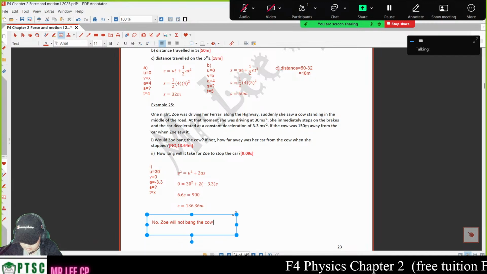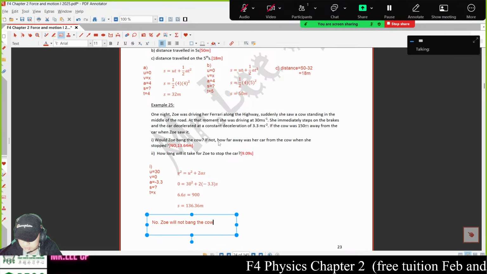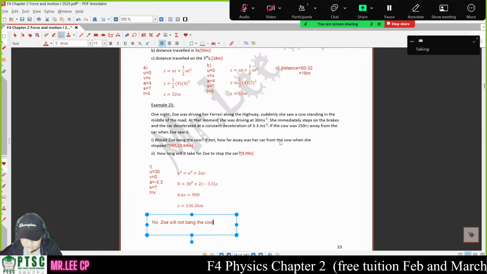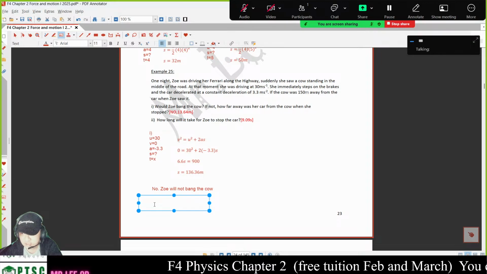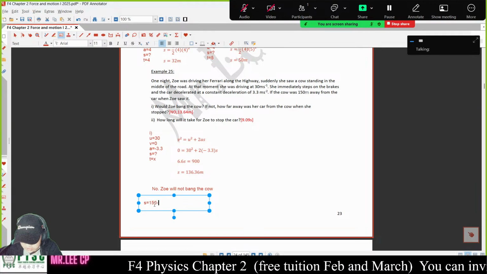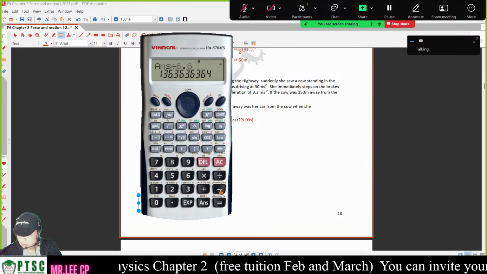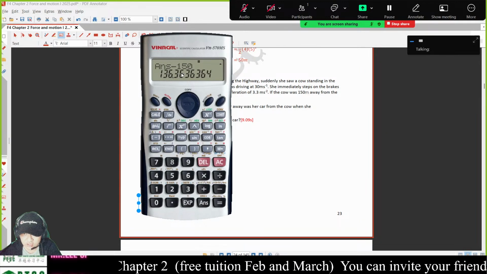Okay. Now, if not bang the cow, how far is the car from the cow when she stopped? So the answer is S, the distance, is equal to 150 minus 136.36. Teacher, you use 136 minus 150?